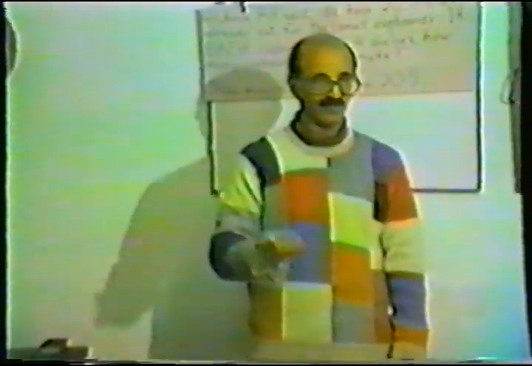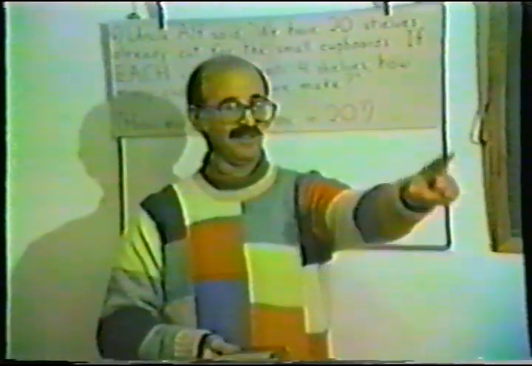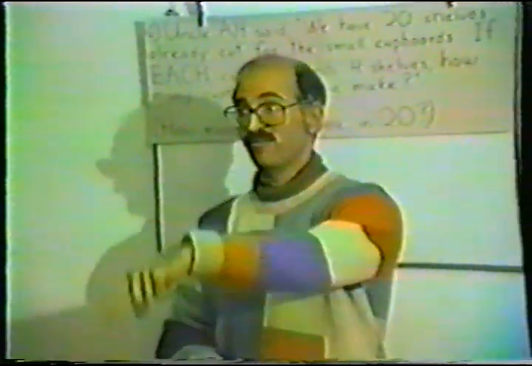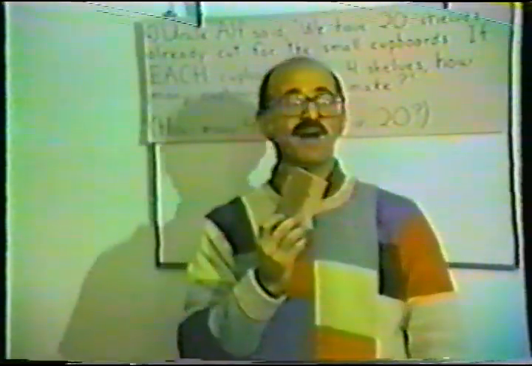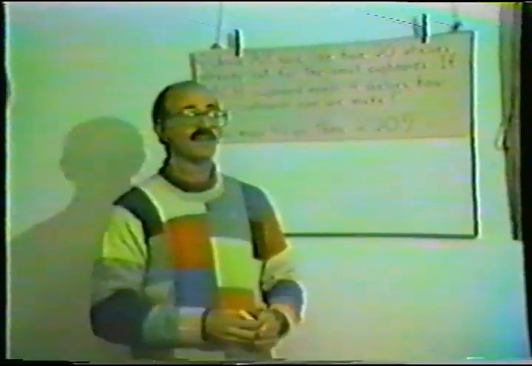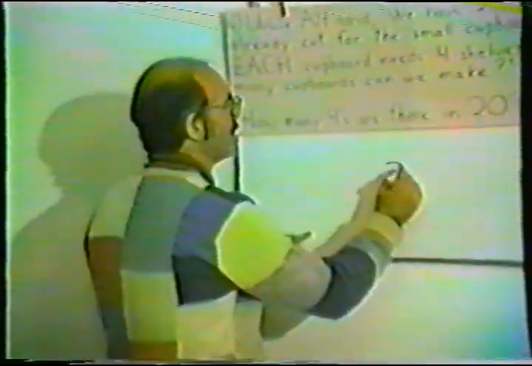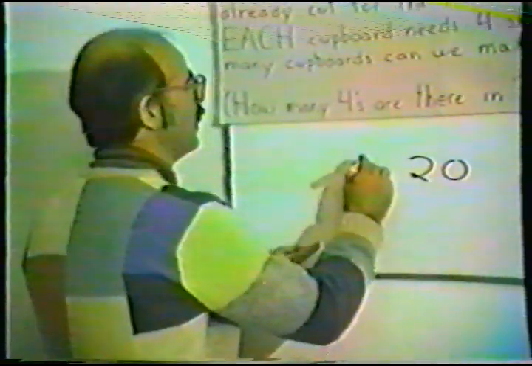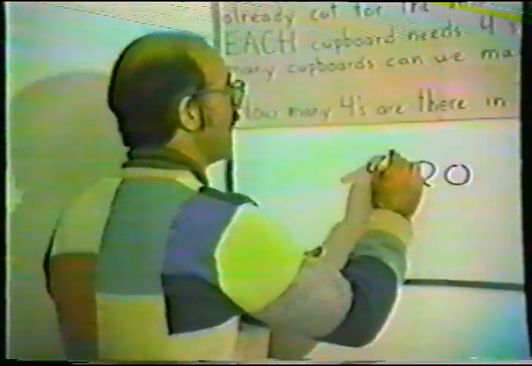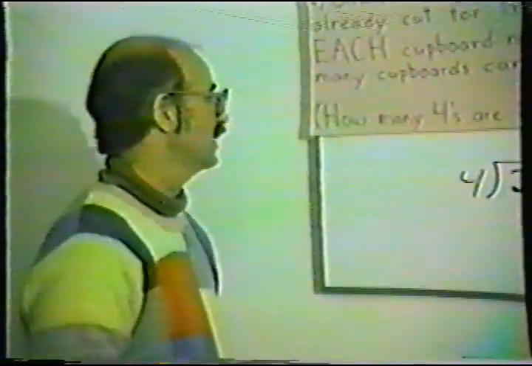How many cupboards? 1, 2, 3, 4, and 5. There were 5 4s in our 20 shelves. And that's another kind of division problem. We had 20, and we wanted to know how many 4s are in there.